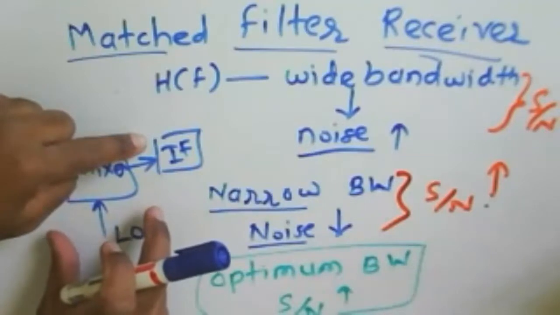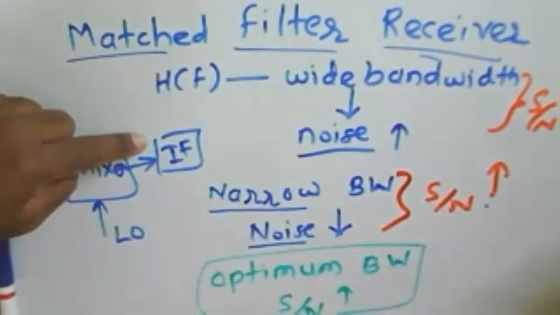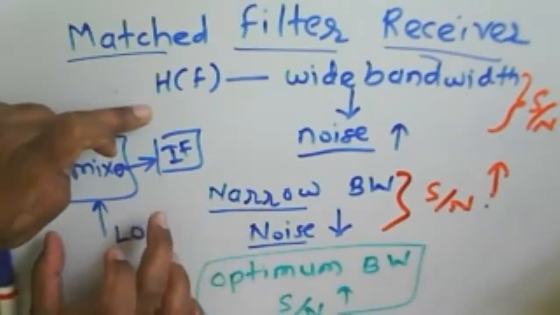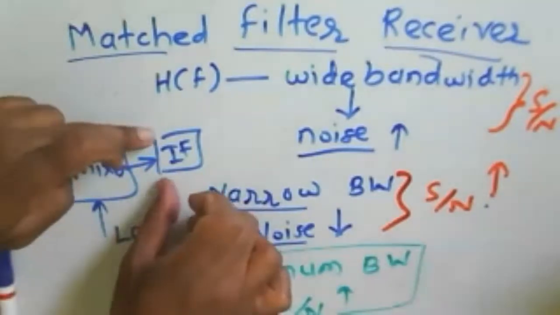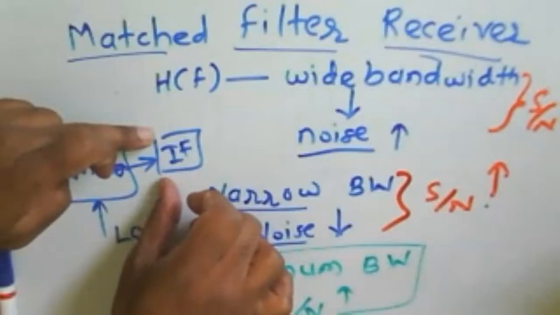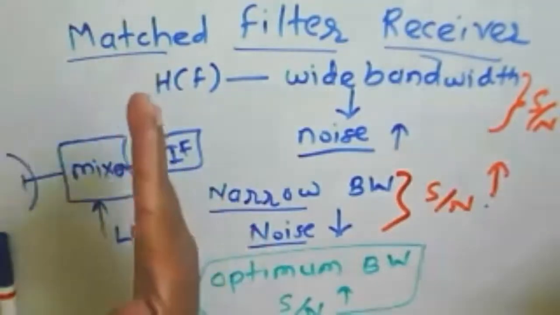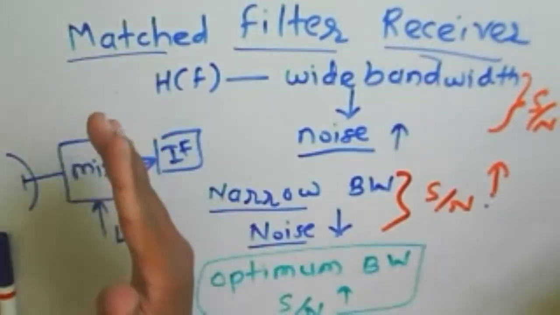The bandwidth at the IF stage will be different from the mixer stage. So here the bandwidth will be different at this particular portion, and we need to consider the bandwidth. Generally, we say that your system or receiver is separated.